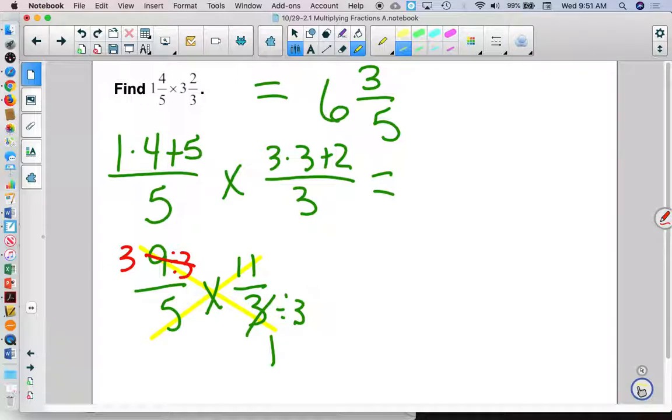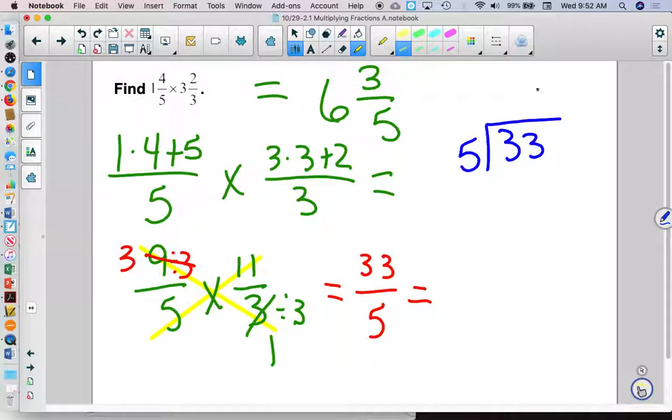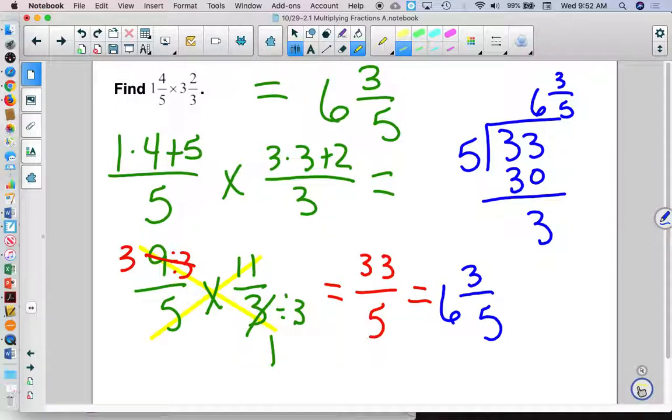Now we said in the next step to multiply straight across. 3 times 11 is 33. 5 times 1 is 5. I got to take that into my mixed number. 33 divided by 5. 5 goes into 33 6 times because that's 30, with 3 left over, or your 3/5. So I now have 6 3/5, and I'm a rock star.